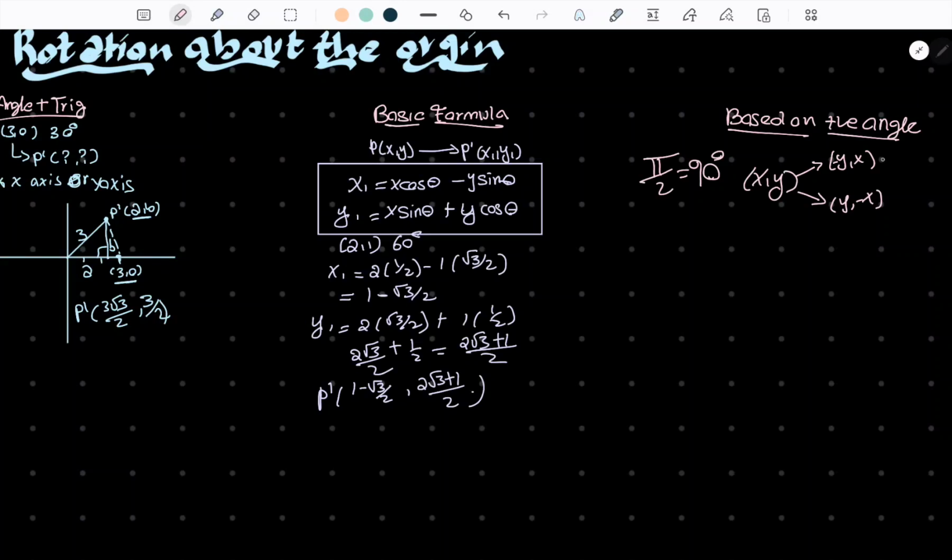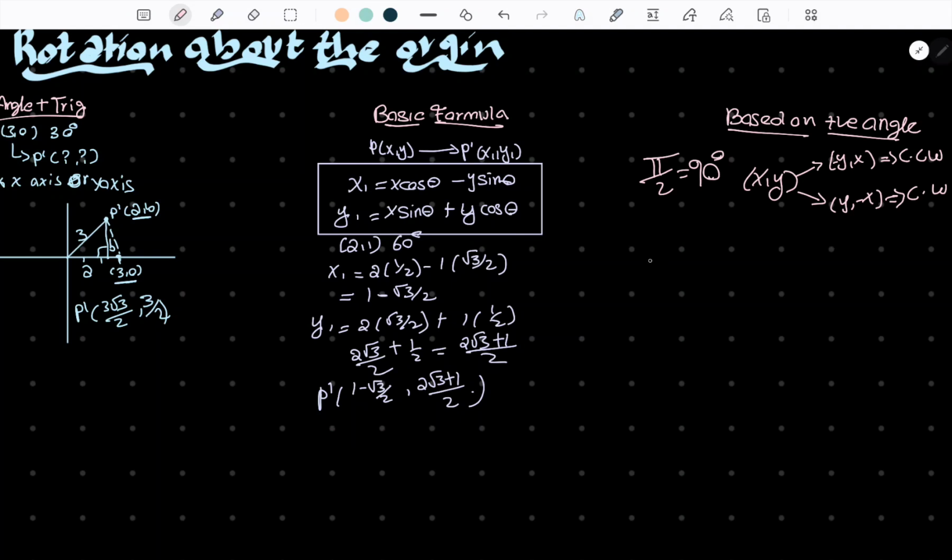Okay, so the first is the case if it is counterclockwise or if the angle is positive, and then the other is true for clockwise if the angle is negative. So don't forget this. Even if you're given the angle and also the coordinates, you don't need to do all this calculation to find the rotation, okay?